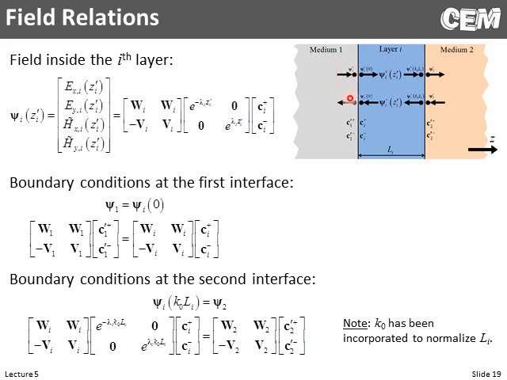So all of those terms are continuous across the interface. So what are the fields in medium 1 right up against this interface? Well, we just write it this way. It's the eigenvector matrix for the fields in medium 1 times the mode coefficients. Then on the second side of the interface, the fields are psi sub I at 0. So we have the eigenvector matrix for the ith layer multiplying the mode coefficients.